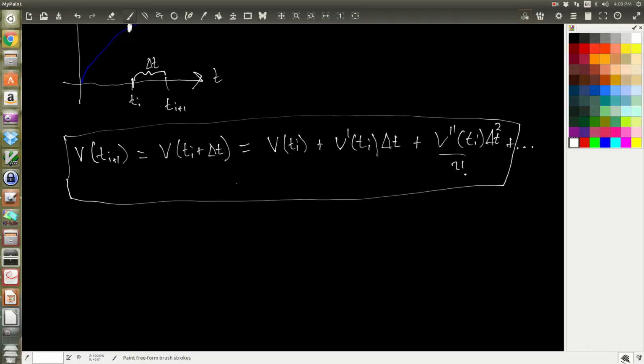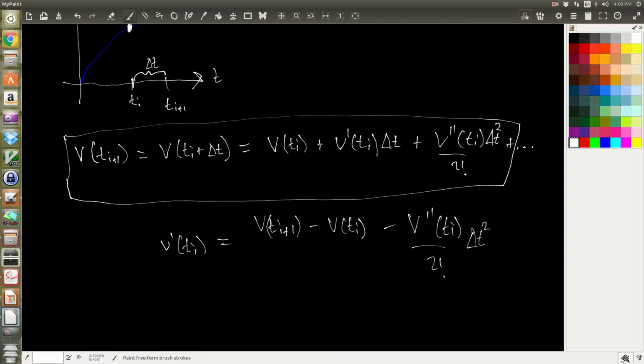If I move these other terms over, I'm going to have v prime at ti equal to v at ti plus 1 minus v at ti, minus v double prime at ti over 2 factorial times delta t squared, right?